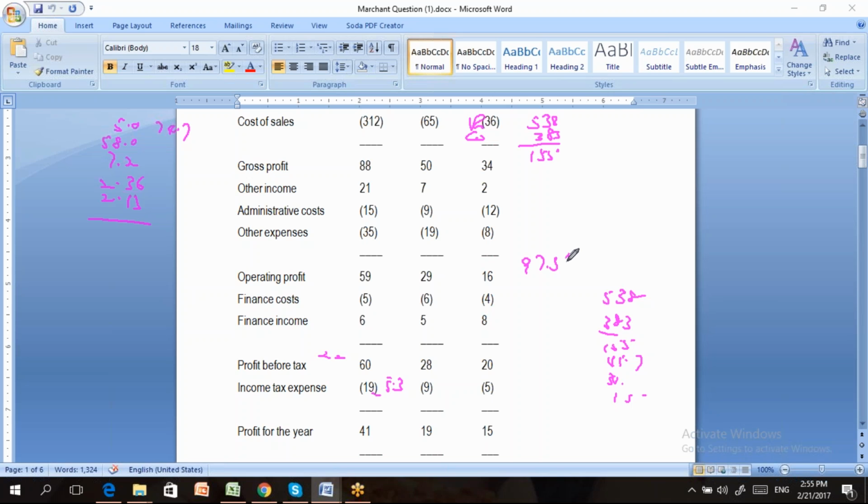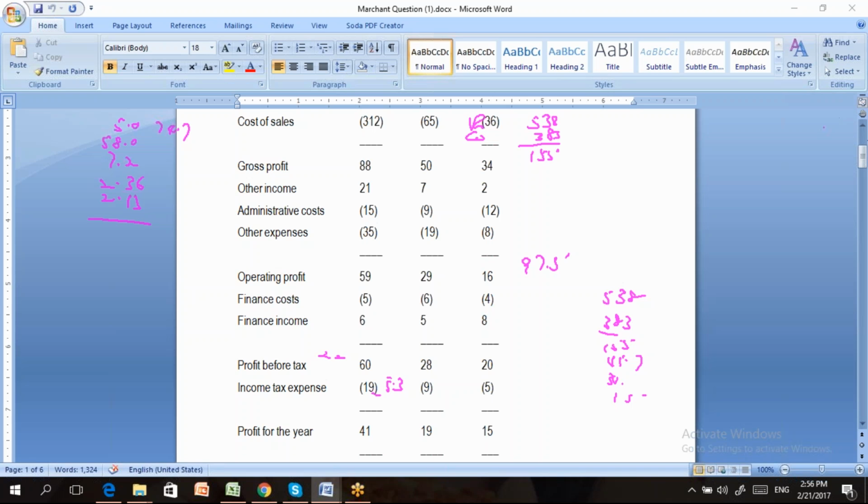We had originally 5 in the main P&L, another 6 in the second one, and another 2 in the other one. 13 altogether. Agreed? 5 plus 6 plus 2, yeah, 13. So finance cost should be 13.